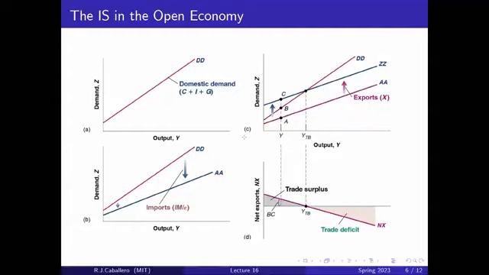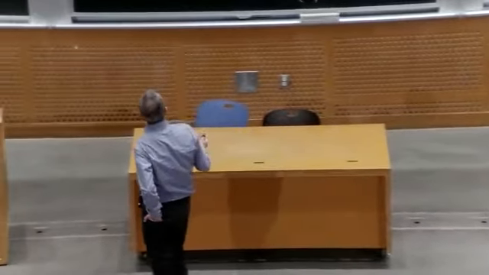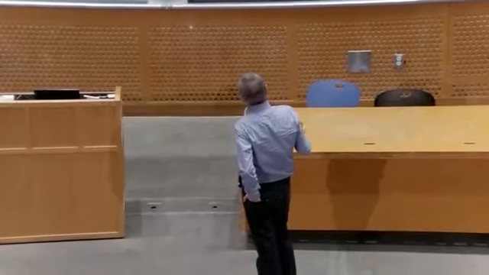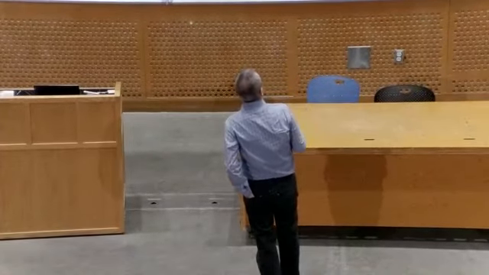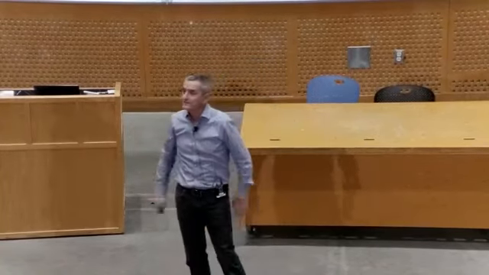Now notice one thing about this ZZ curve relative to DD. What is the most obvious difference between these two curves? This DD is the one we used in lecture 2 or 3, and when we did IS-LM and all that. And this is the one we're going to use now, the ZZ. It's flatter. Why is that?